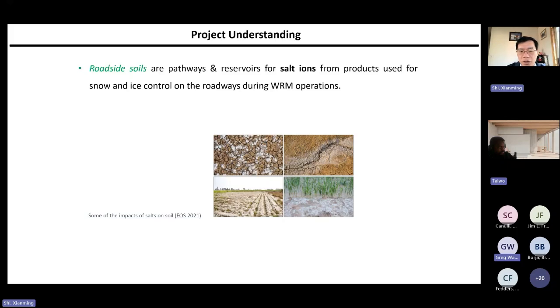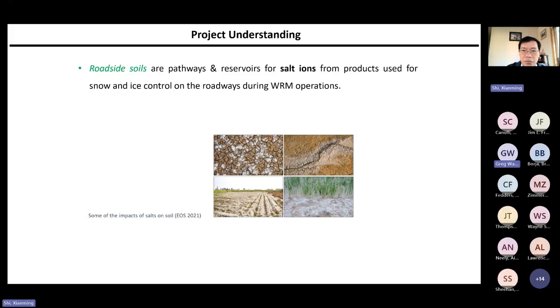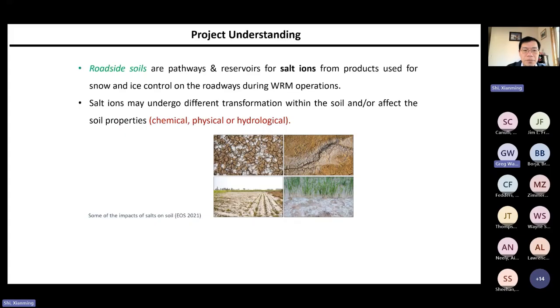These are typically chloride-based salts, such as sodium chloride, magnesium chloride, and calcium chloride, sometimes blended with corrosion inhibitors. These salt ions may undergo different transformations within the soil and or affect the soil properties through various symptoms, such as the ones shown here in the photo.